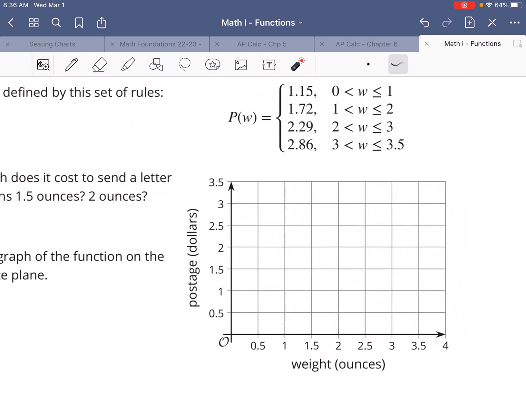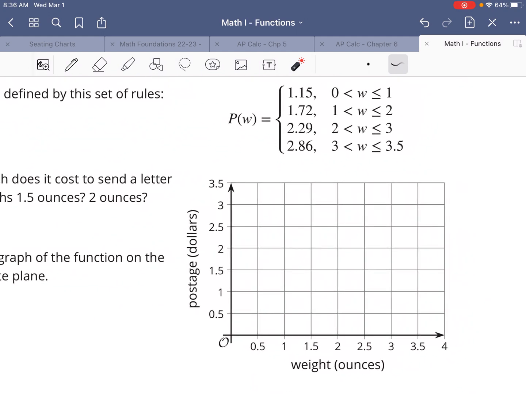So if I were to draw this on the graph, from 0 to 1 ounce, it's $1.15. So not including 0, because if it's equal to 0 ounces, we're not mailing anything. Up to and including 1 ounce, it's $1.15, and I know that's probably not exactly where $1.15 is, but you get the idea. And then from 1 ounce to 2 ounces.